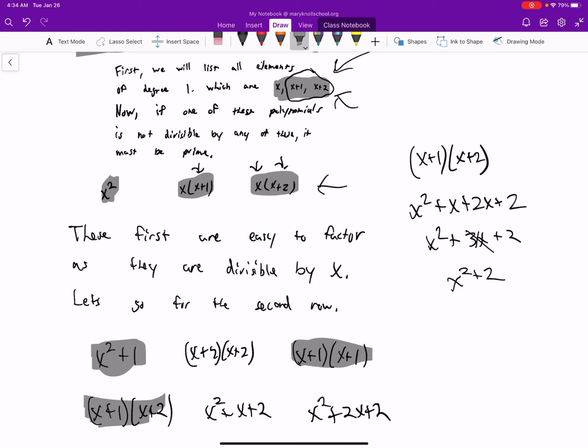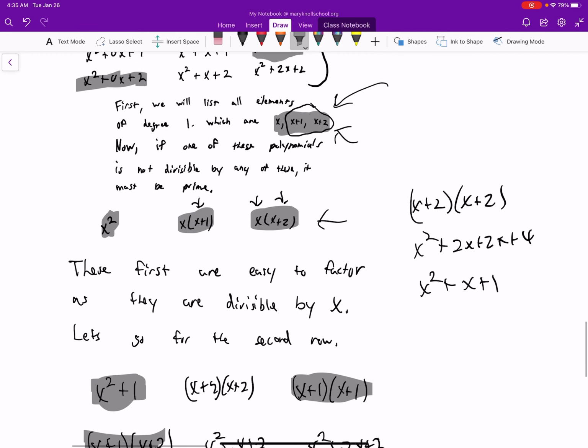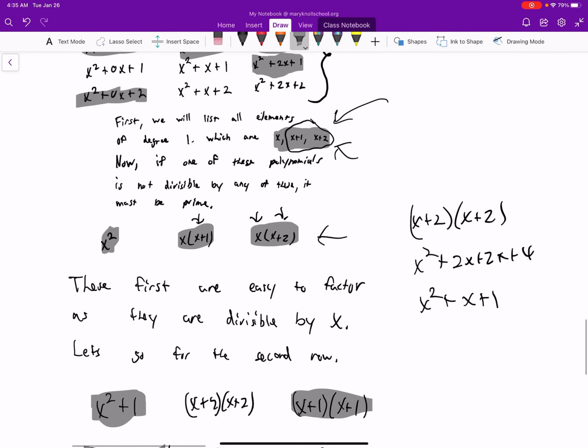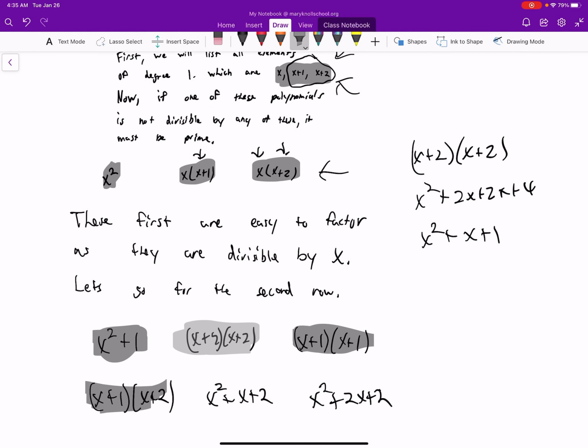And then we can look for, how about x plus 2 multiplied by an x plus 2? That's going to be x squared plus x plus 1, right? And so where's the x squared plus x plus 1? It's right there. And sure enough, yeah, it's x plus 2, x plus 2.